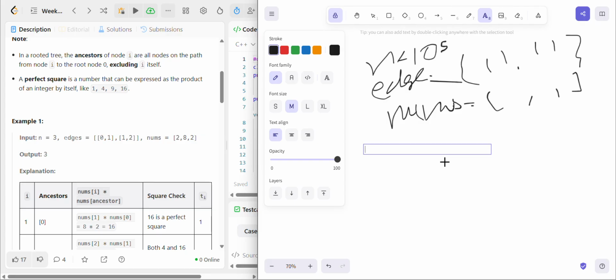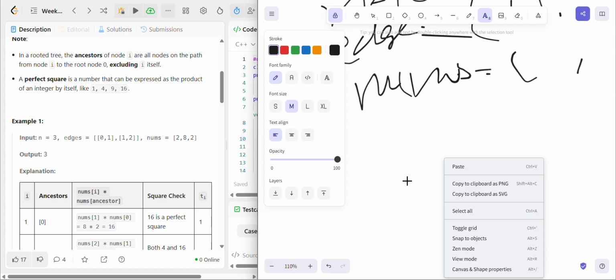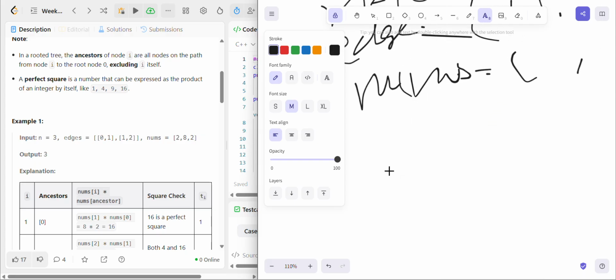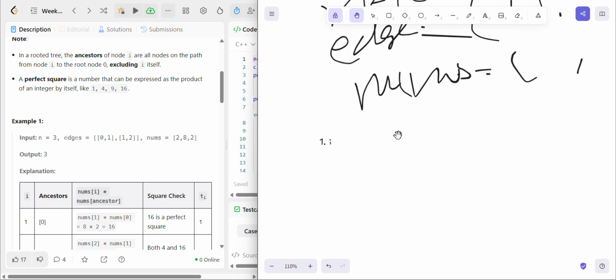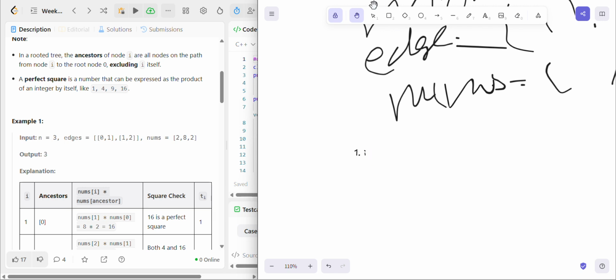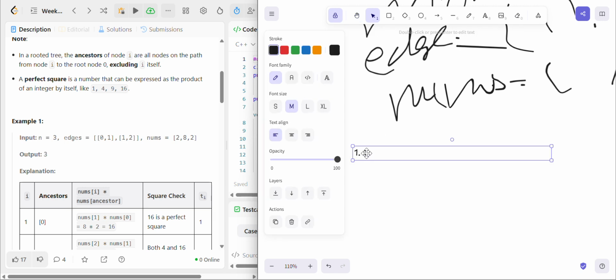So first of all, from the given edges I have created an adjacency matrix.